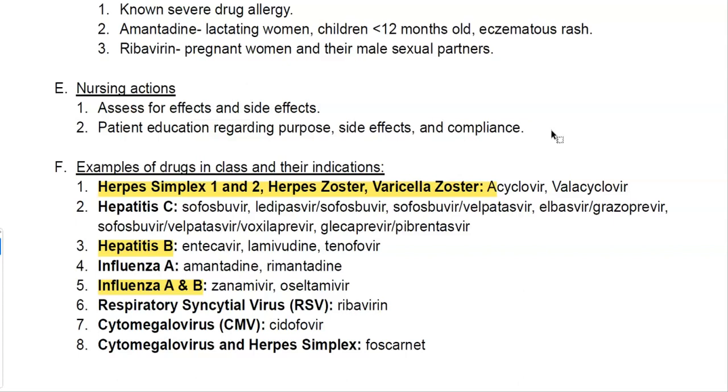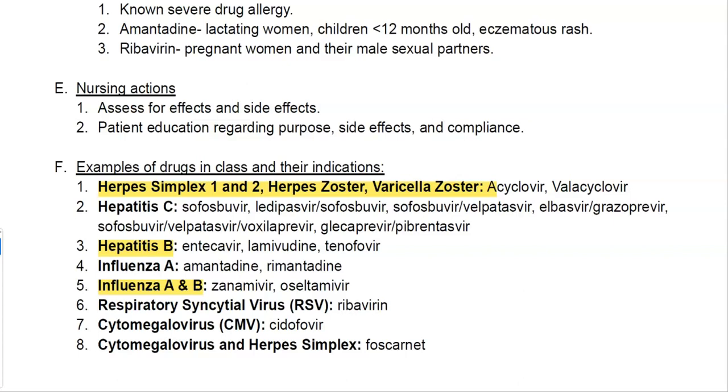You don't have to remember this, but know that they are here and that you may see some patients on them. So sofosbuvir, ledipasvir with sofosbuvir, a combination. Notice that many of these antiviral medications end with vir. Again, hepatitis C, you don't have to remember it. Know that they're here. And then hepatitis B medications include entecavir, lamivudine, and tenofovir.